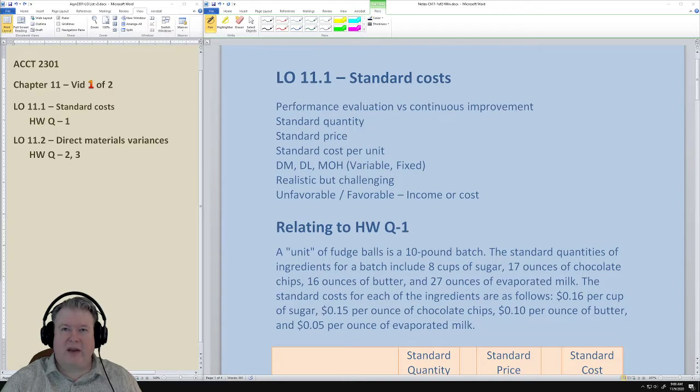So the first part of this, although it's not a difficult concept, is just understanding what a standard cost is. All that means is that when we're creating a budget, the real world is sometimes different. For example, if we're trying to figure out how much income we're going to have, we're probably going to multiply how many items we think we're going to sell by a standard price.